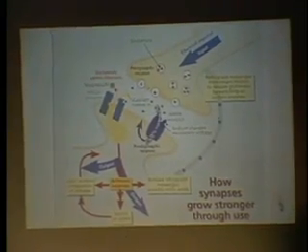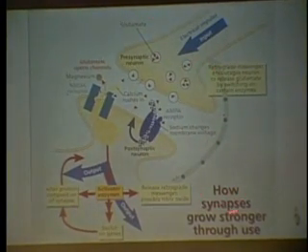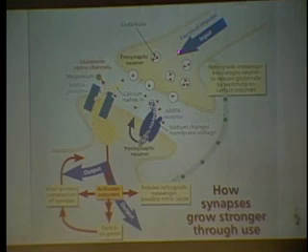And this just shows how synapses grow stronger with use. You have the electrical impulse coming down. Here's your presynaptic terminal. Here are your vesicles filled with transmitter. The calcium will run in. These are glutamate, so that you've heard of glutamate. It's the most common neurotransmitter in your brain. So you get calcium coming in.